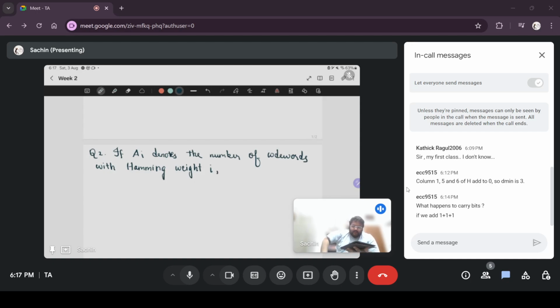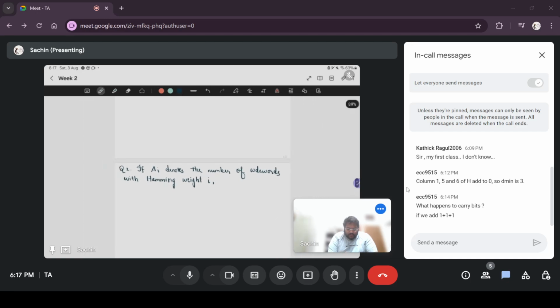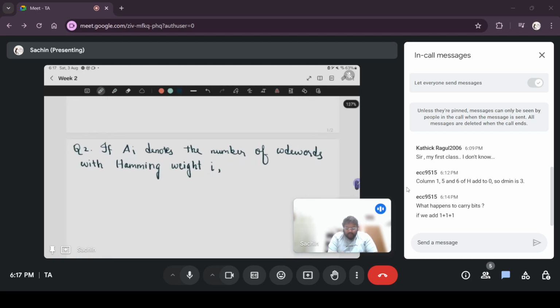The Hamming weight of a code word is nothing but the number of ones that occur in the code word. So if you have a code word 1001100, there are 3 ones in this code word, so the Hamming weight of this code word is 3. Ai is the number of code words that has Hamming weight i.